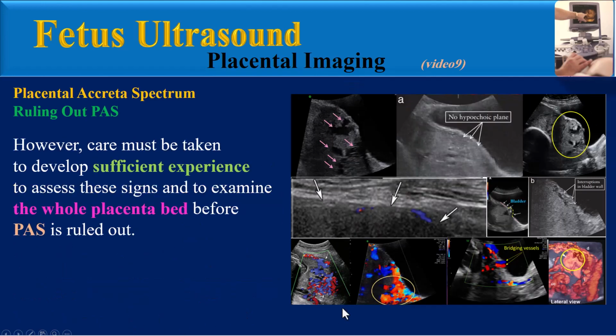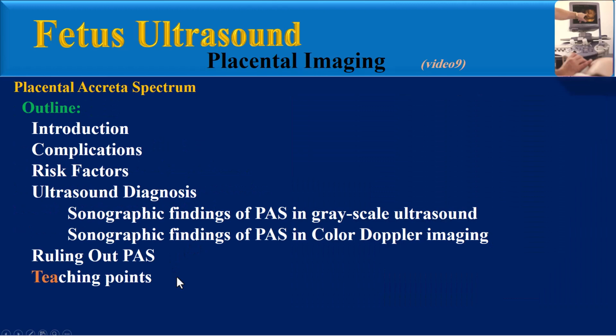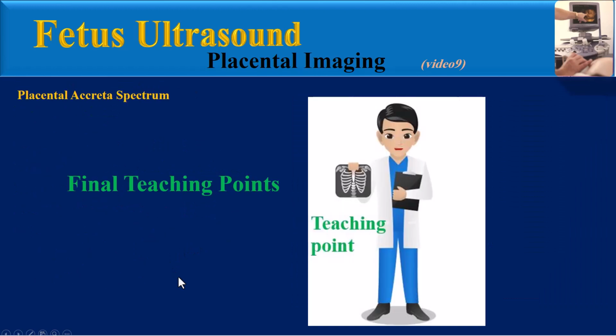However, care must be taken to develop sufficient experience to assess these signs and to examine the whole placental bed. In the next video, it will be explained about the important technical points that we need for accurate diagnosis. Now, please pay attention to these final teaching points.